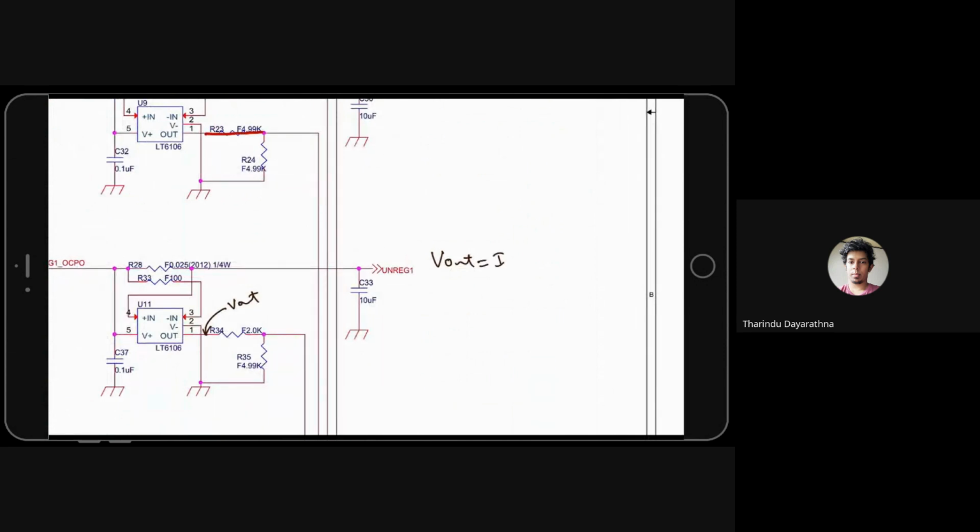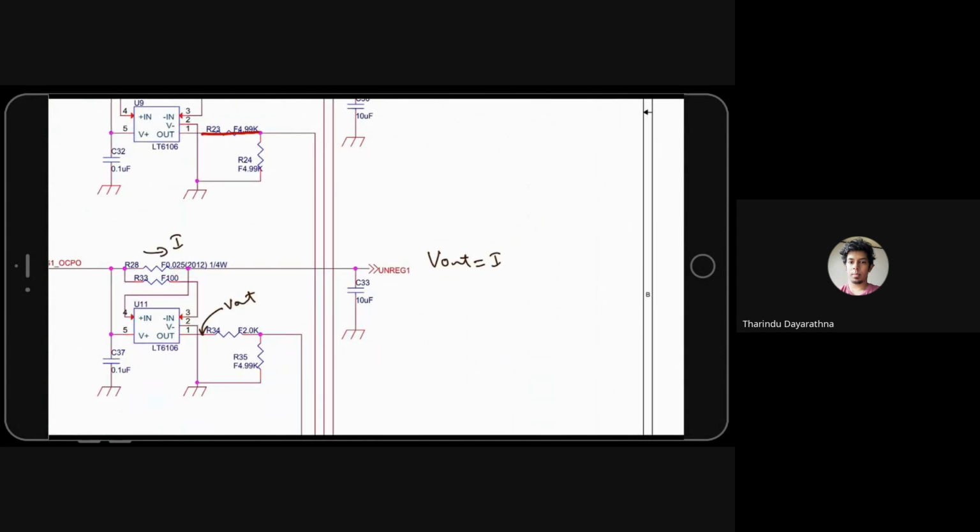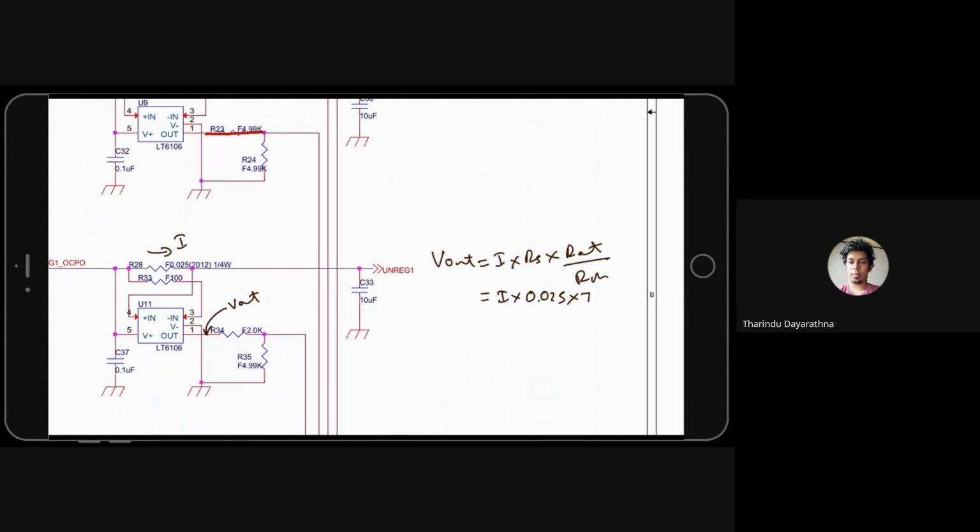Remember, this is very important: R out is not this one, R out is this entire path, which means about 7K. R in is 100. RS is 0.025.